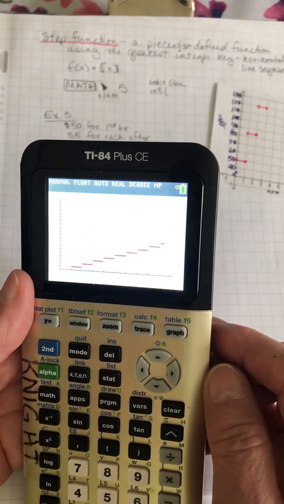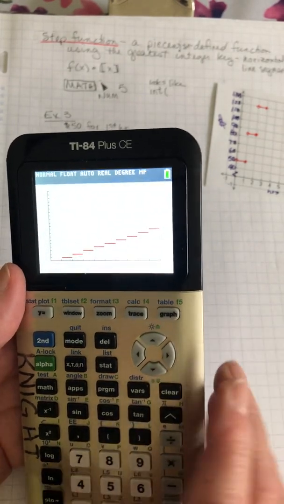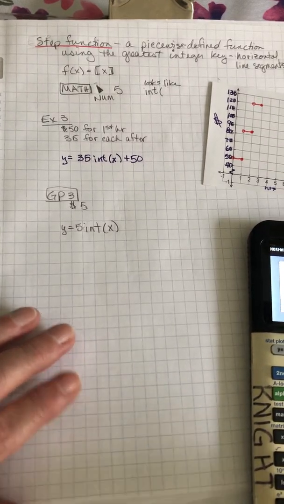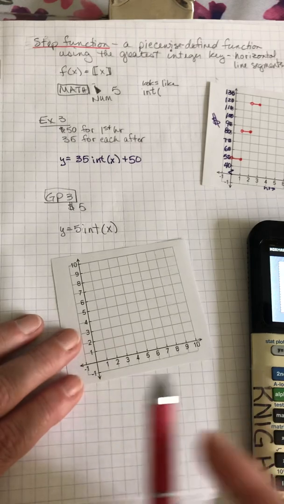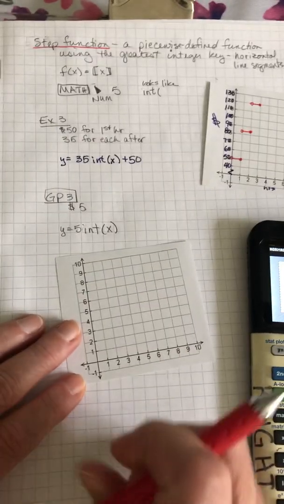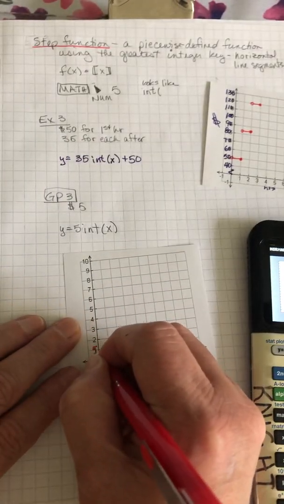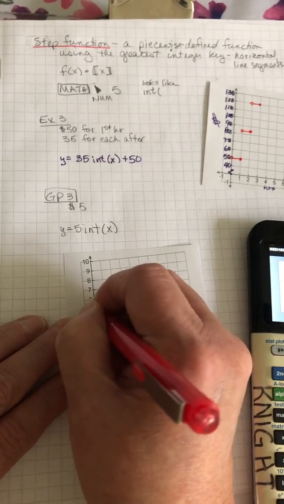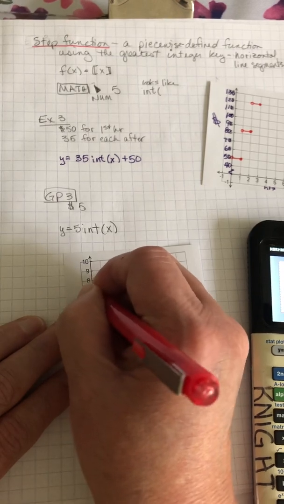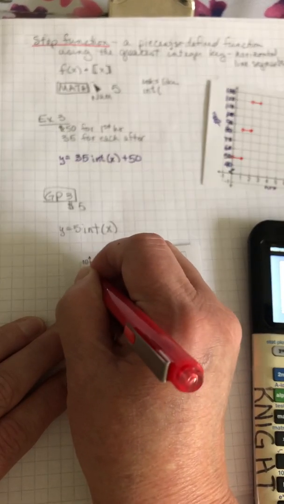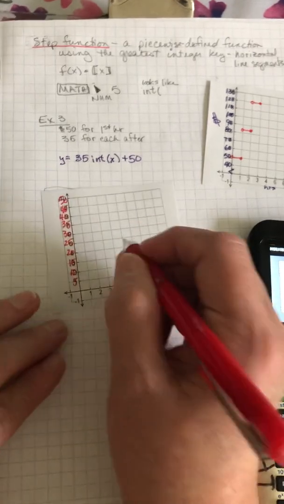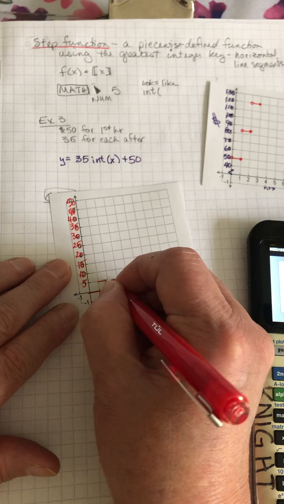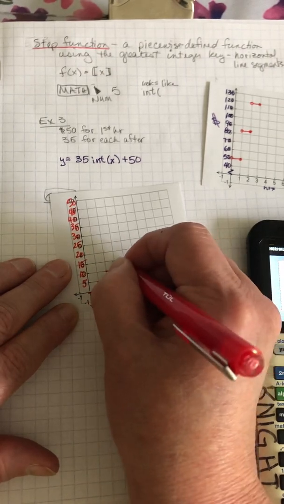Okay? Now, you could have probably graphed this without, because it's really not hard. You just take your handy dandy first quadrant graph and you change your y values. 5, 10, 15, 20, 25, 30, 35, 40, 45, 50, okay? 0 to 1, this is really what you're doing.